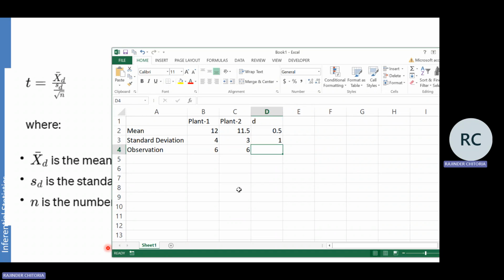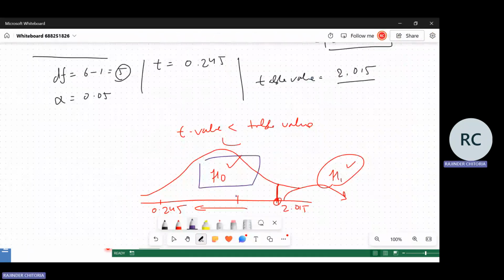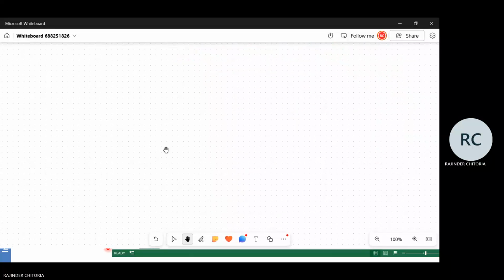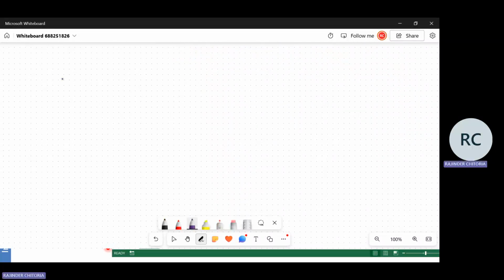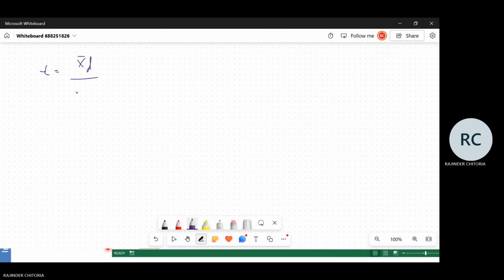Let me go back to my whiteboard. The formula would be the paired T test: mean of difference, then the standard deviation of difference divided by root n.